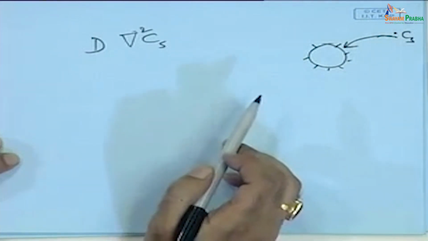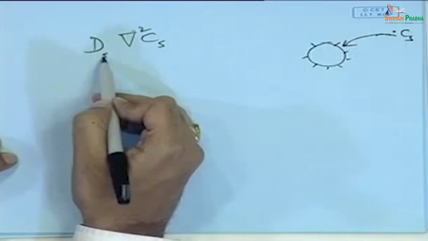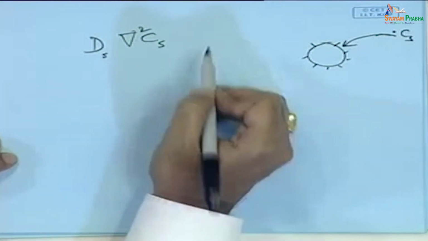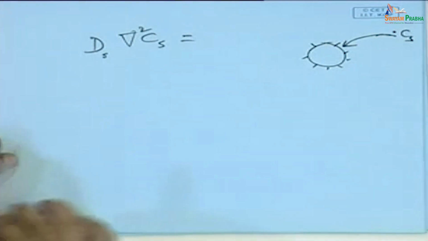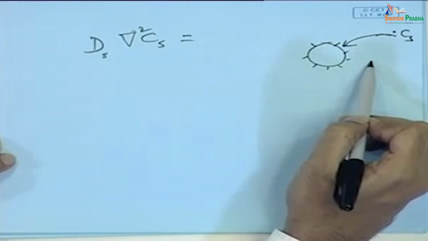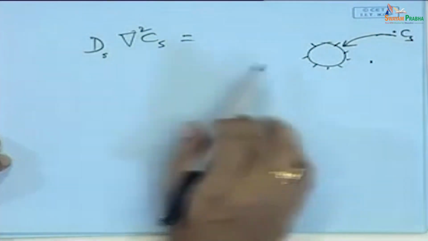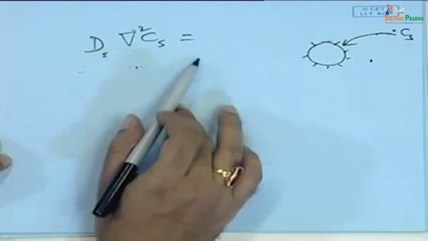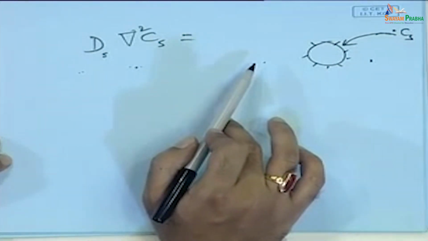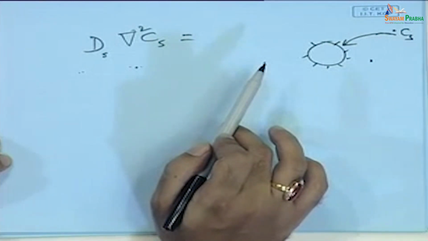So, this is my Laplacian, equals something. Remember, I am telling you again and again, I am writing my equation outside the sphere. So, this is the diffusion part, right, diffusion times Laplacian of CS. What would be my right hand side? Reaction. Everybody thinks it should be reaction.